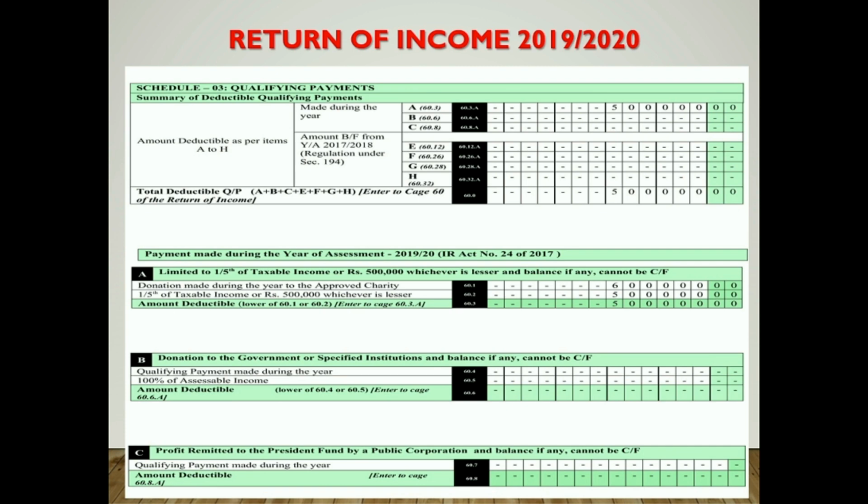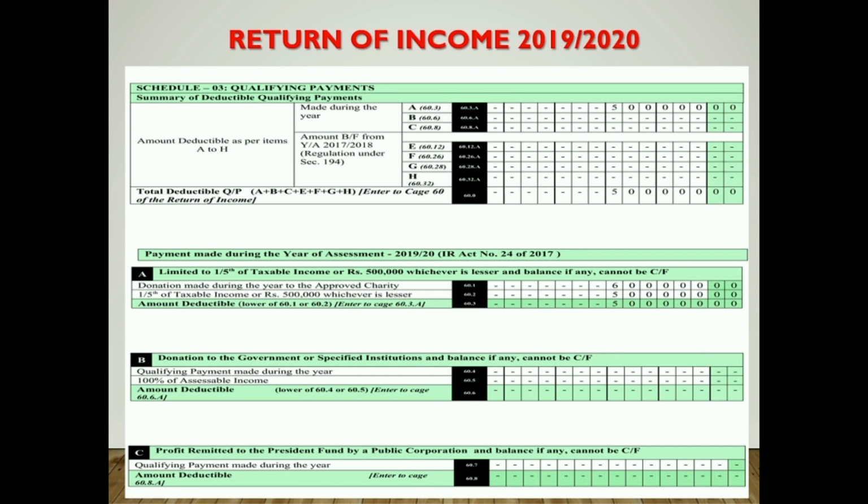Next, we will see Schedule 3, the qualifying payment schedule. There are two types of qualifying payments: qualifying payments under the 5th Schedule, and those brought forward from the time when the Repealed Act was operating, provided through the Transitional Gazette.